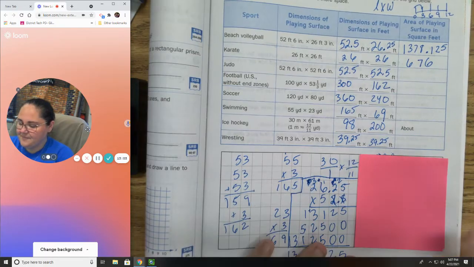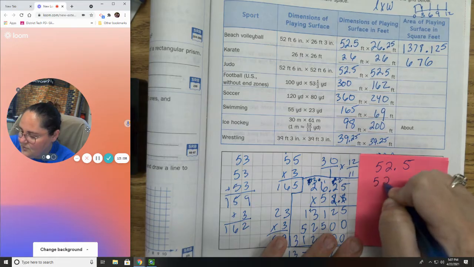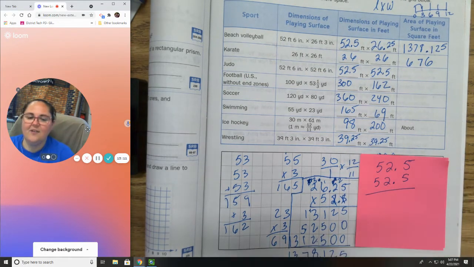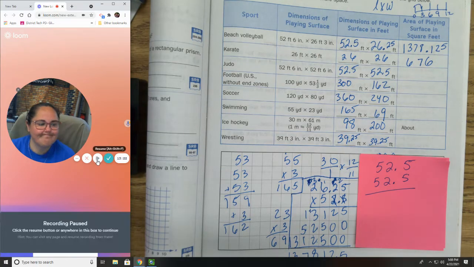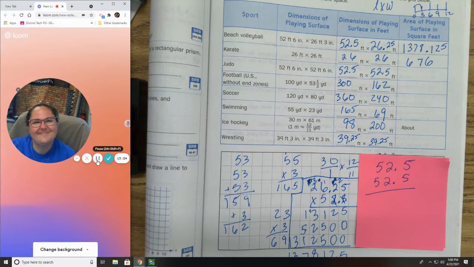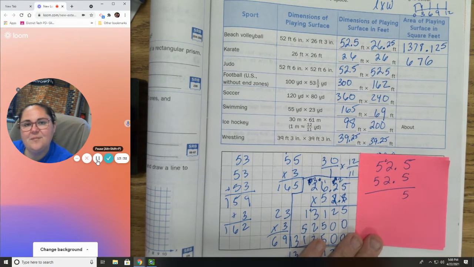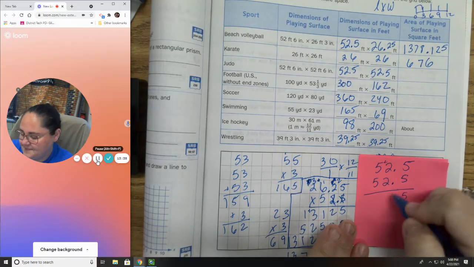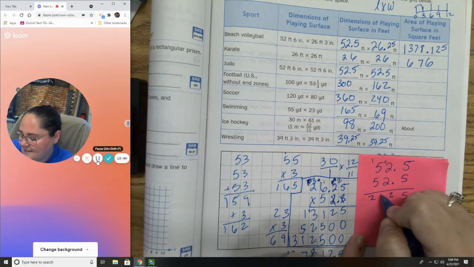Let's do another one. 52.5 times 52.5. All right, do the math. Go ahead and do the math. What is 52.5 times 52.5? All right, 5 times 5 is 25. 5 times 2 is 10, 11, 12. 5 times 5 is 25, plus 1 is 26.